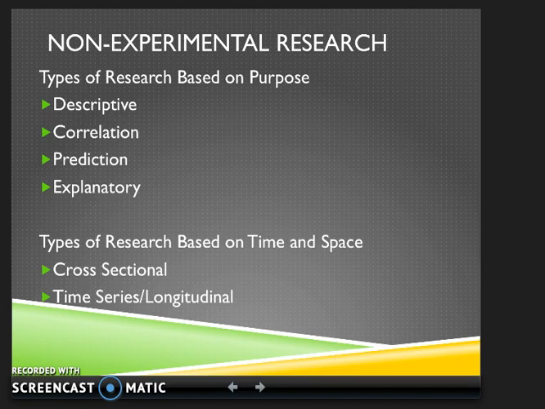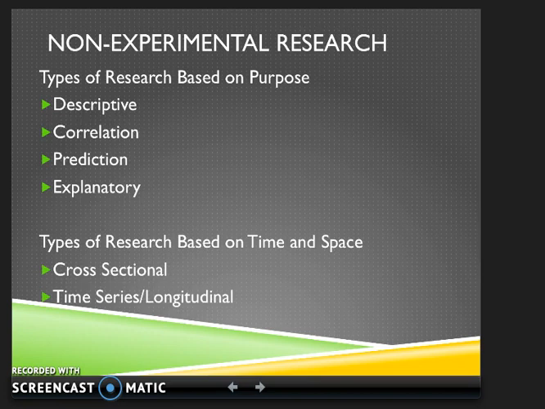The second type of research is correlation. Usually the correlation is the examination of the strength of the relationship between two or more variables. Data can be collected through the use of questionnaires, interviews, or you can measure with any kind of instrument.